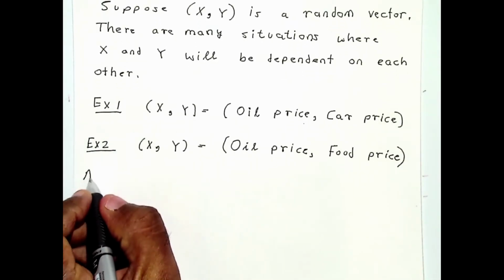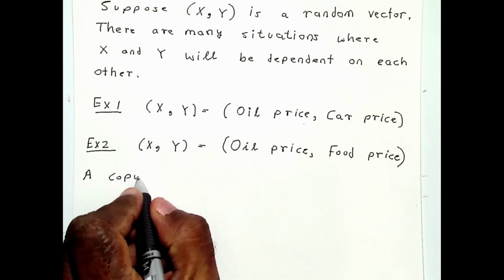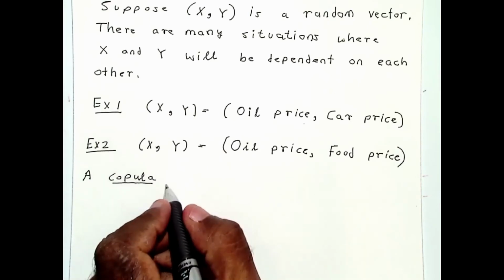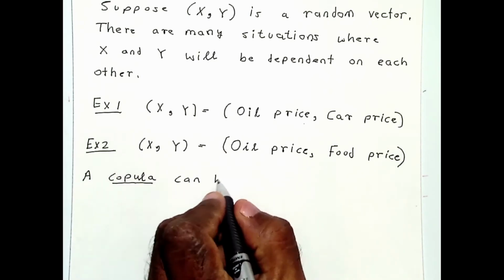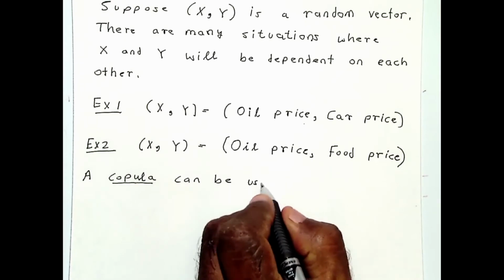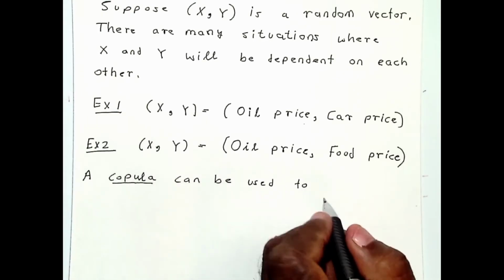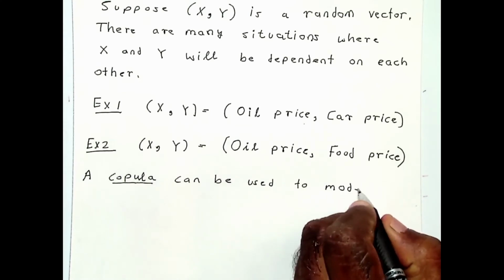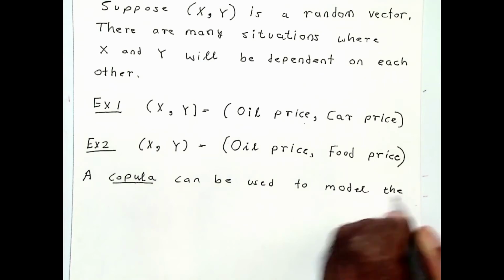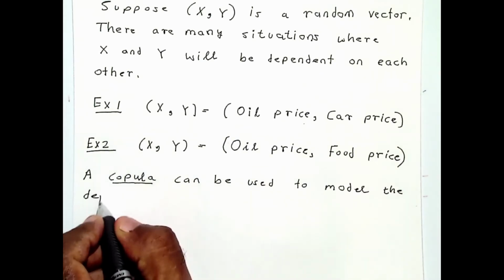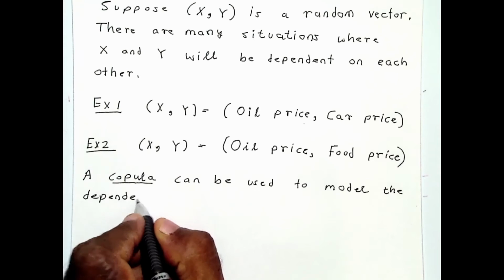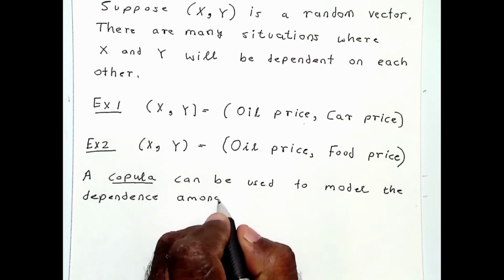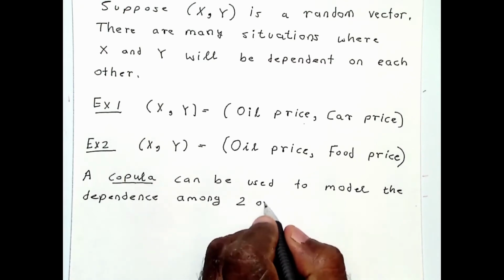Now, a copula, this is the topic of this chapter. A copula can be used to model the dependence among two or more variables.